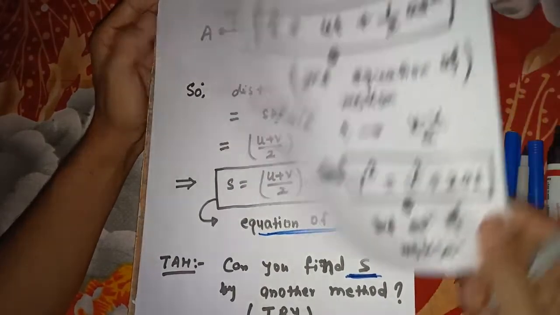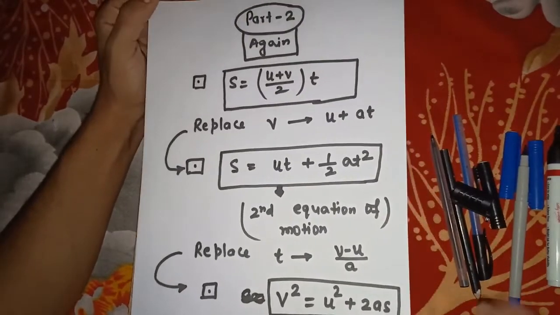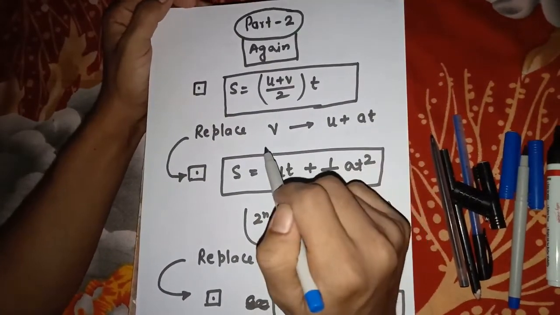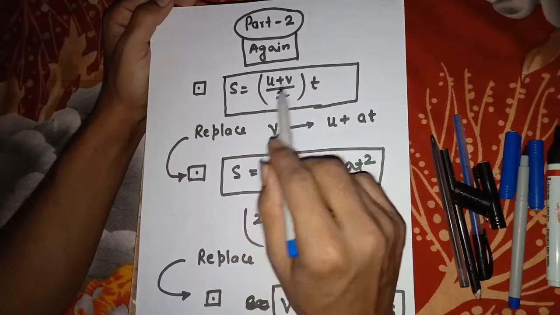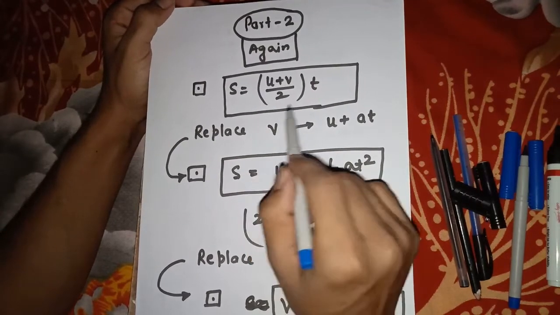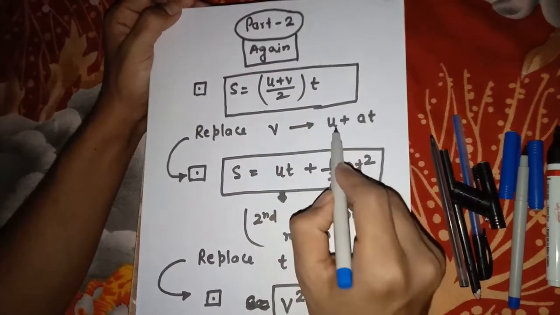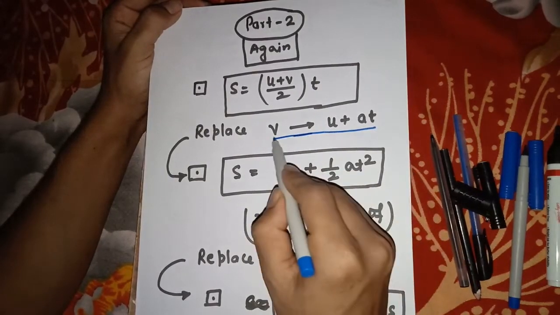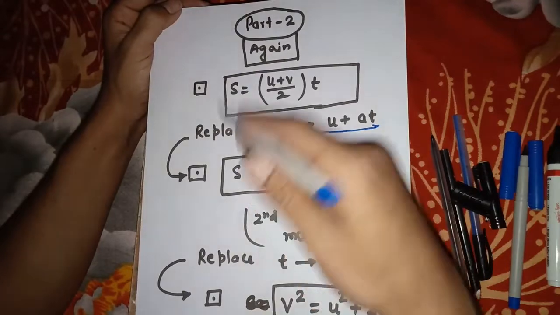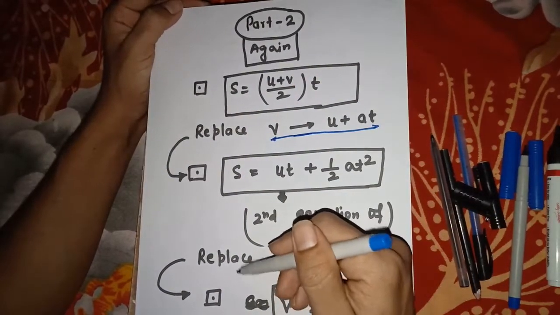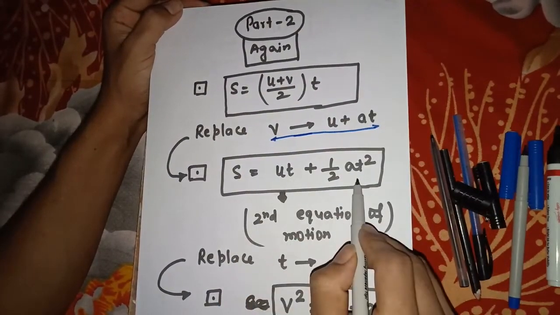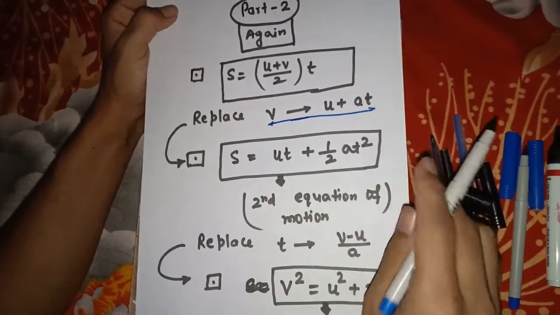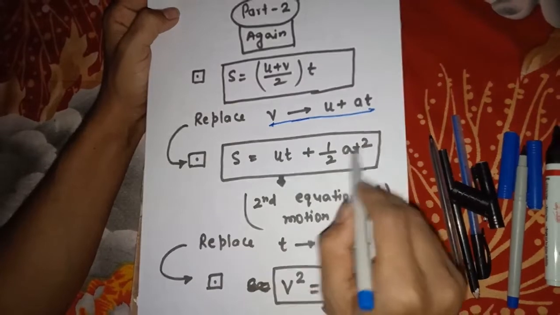Now we can manipulate this equation in various ways. How can we manipulate this expression? We can replace v by the first equation of motion, as I have already told you. After calculation, you must get this expression: s is equal to ut plus half at square, or ut plus at square by 2.